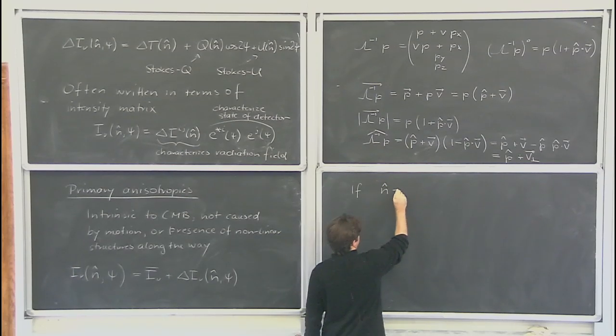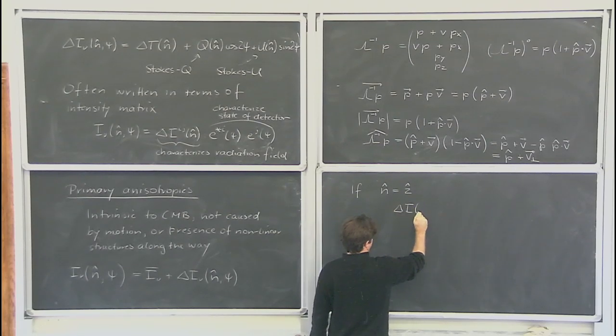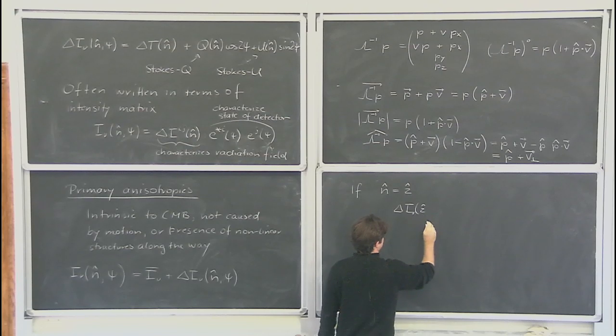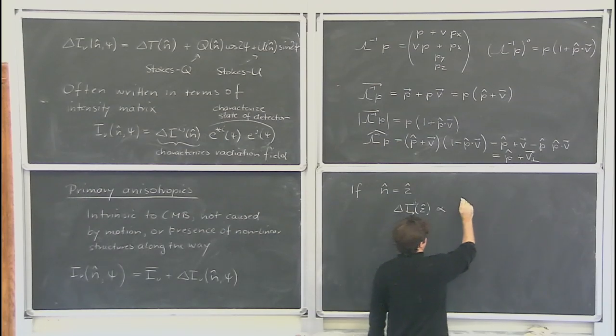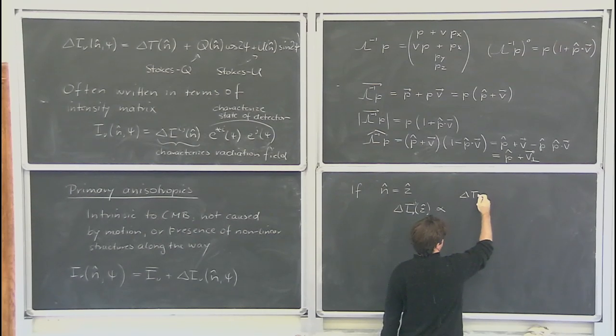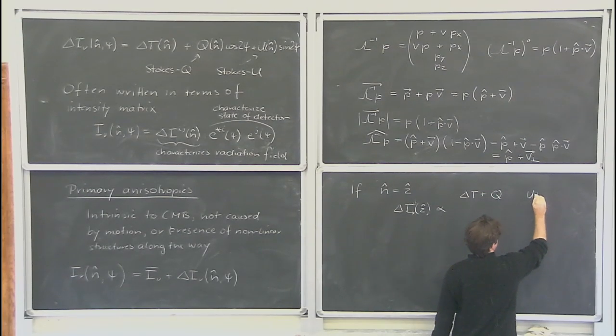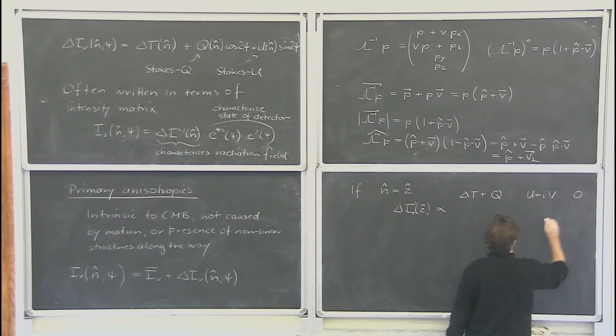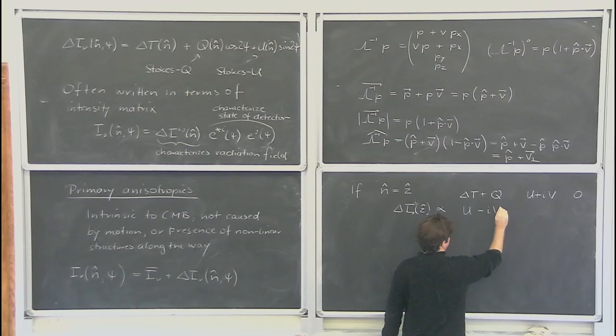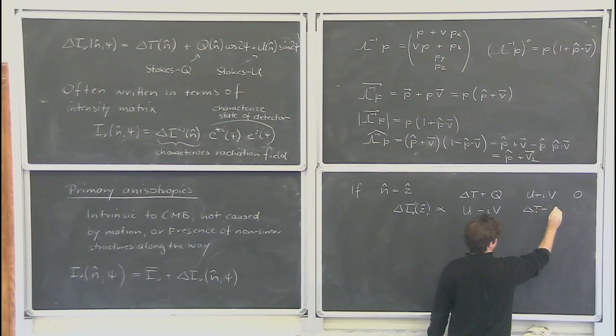So if we're looking up in the z direction, then this intensity matrix, I_ij of z hat, would be, on the diagonal, you have delta T, in this case of z hat, so let me not always put the argument, it's just the temperature fluctuation in that direction, plus Q. Then you have U plus iV, 0, U minus iV, delta T minus Q, 0, 0, 0, 0.